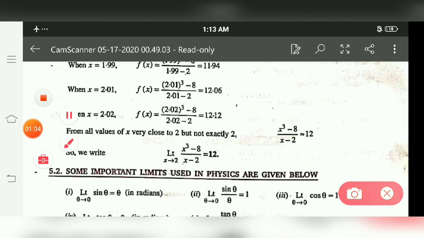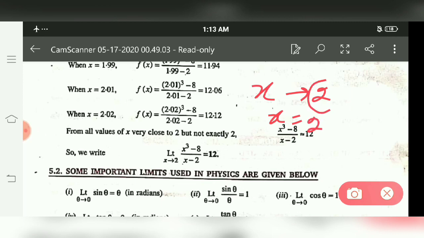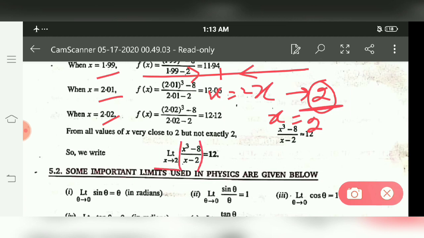I'm saying if limit approaches 2, it doesn't mean that x equals 2. It means we are going to approach x equals 2 either from the left hand side or the right hand side, so we have values like this, not exactly 2. In that case we are going to have a result of 12. As you observe, for values that are very close to or approaching 2, the function has a value approximately equal to 12.